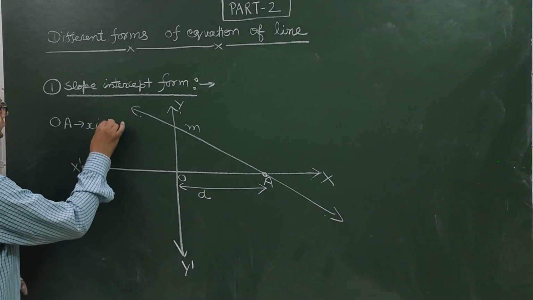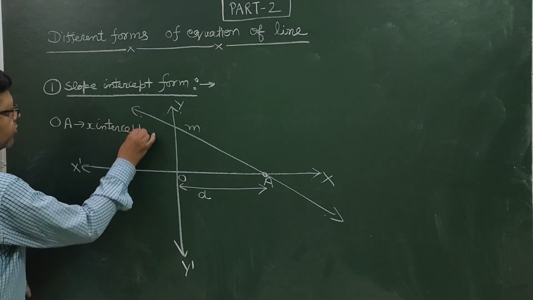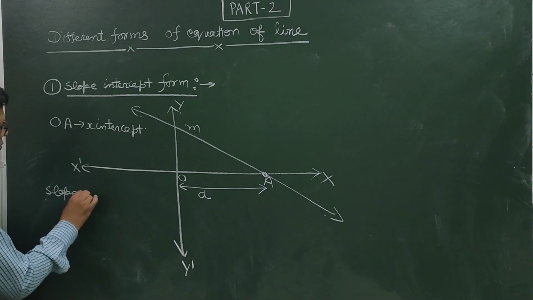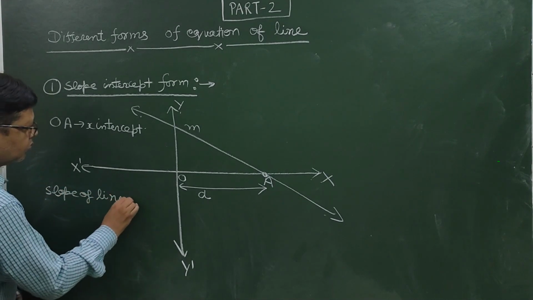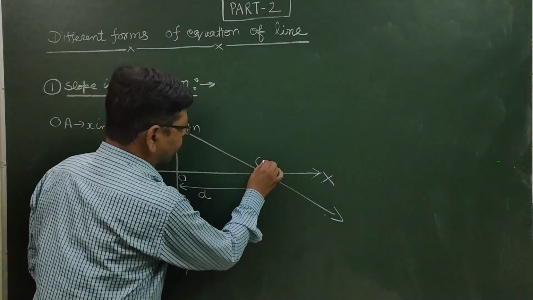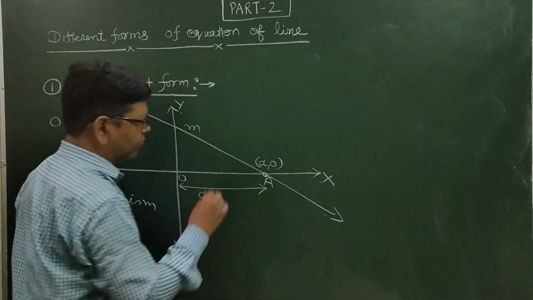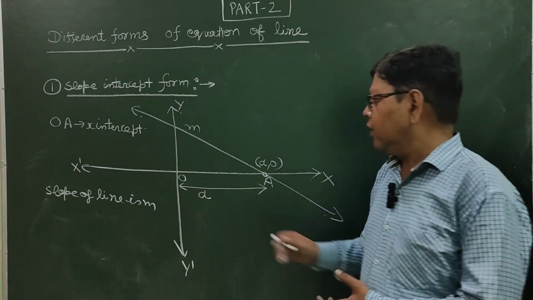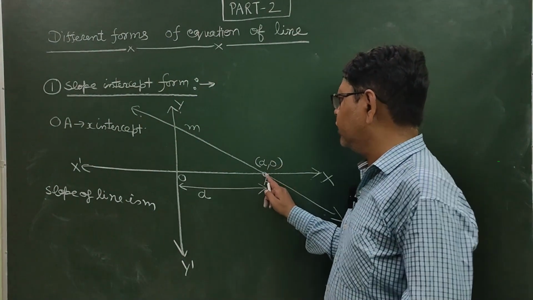Length OA is called the x-intercept, and the slope of the line is m. Now this point A has the coordinates d, 0, because any point on the x-axis has its y coordinate 0.